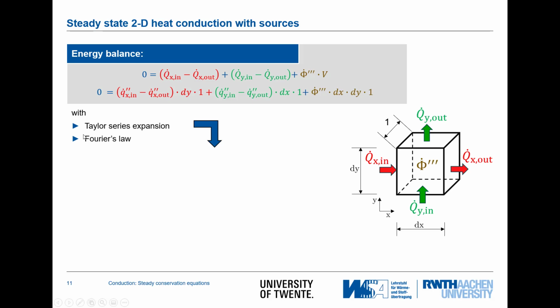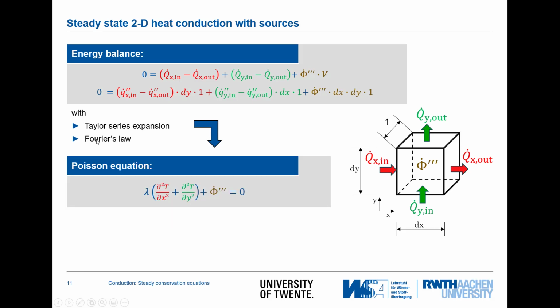So with Taylor series expansion and Fourier's law, we end up with a Poisson equation, which states that the change of the heat flux in x direction plus the change of the heat flux in y direction, expressed by the second derivatives of the temperature with respect to the two different directions, plus the volumetric heat source is equal to 0.